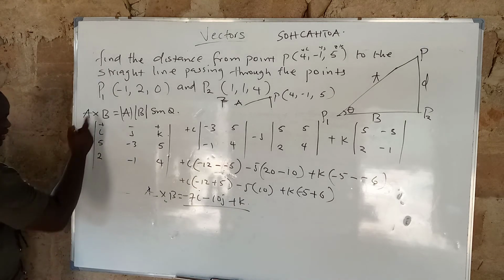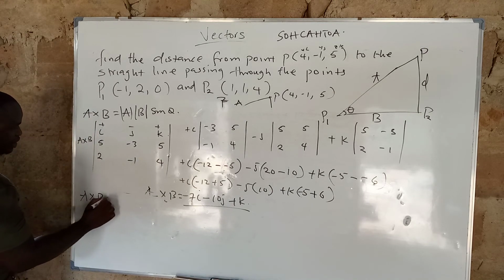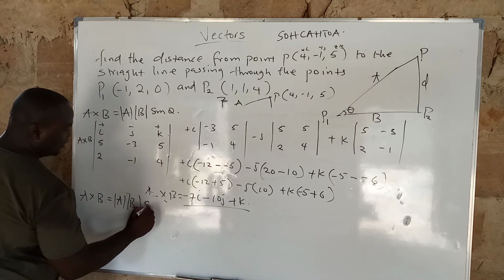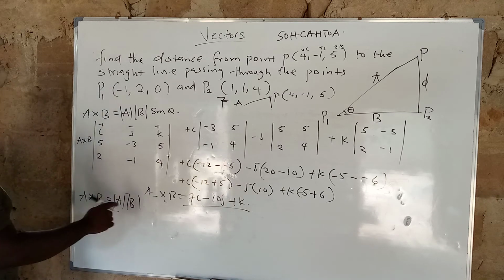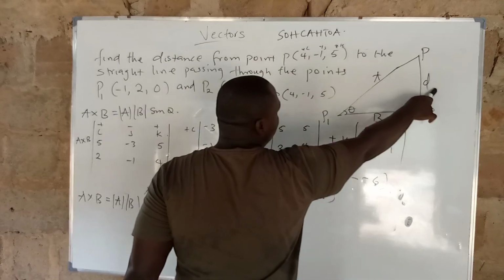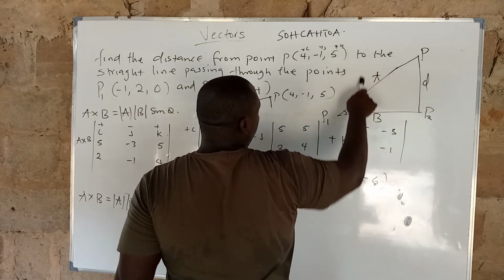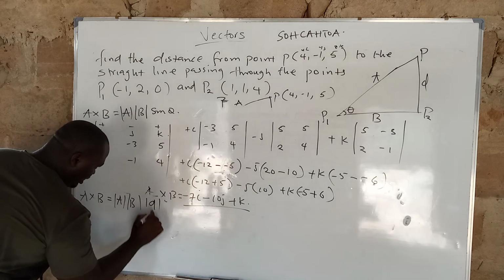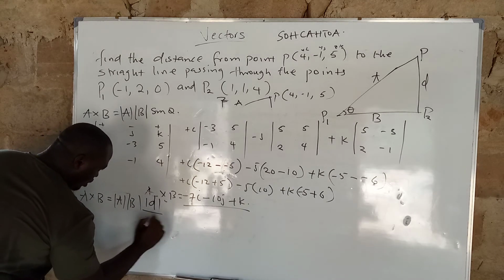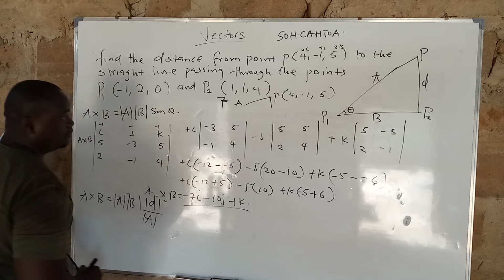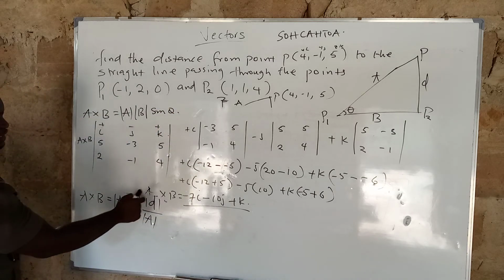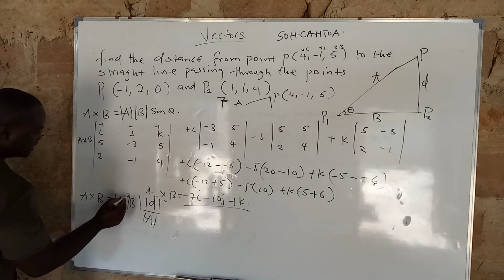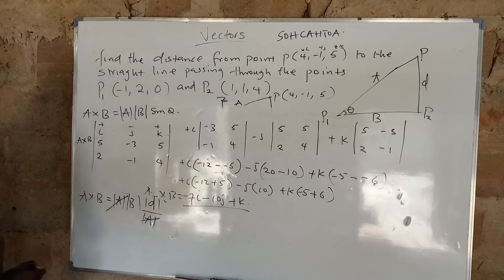So this is A cross B is equal to the magnitude of A and the magnitude of B. Now, instead of me writing sine, I will replace it. From here, sine theta, opposite is this D, all over hypotenuse, the longest side. So this will give me times D, all over the magnitude of A. So I've replaced sine theta with D all over A. So that means that this A will cancel this A, right?